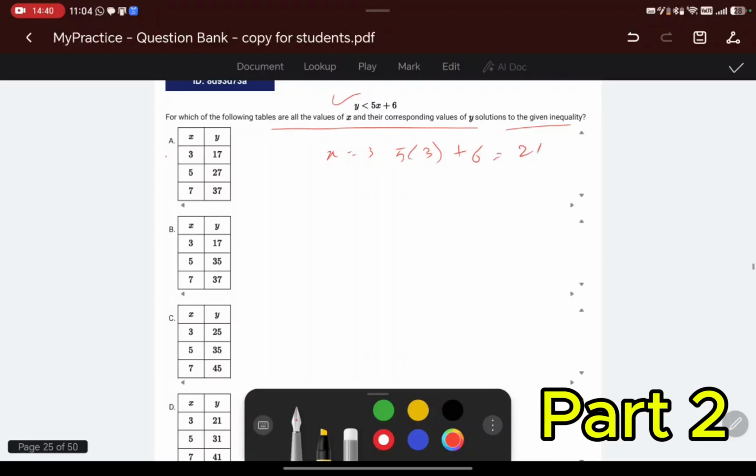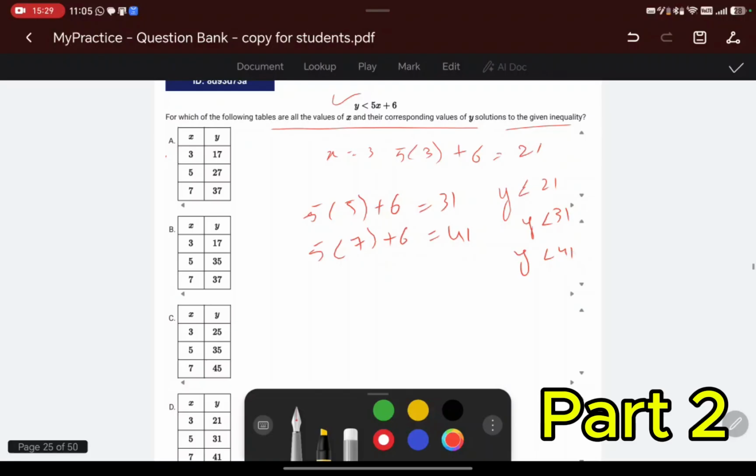So y is less than 21. Then I will put 5: 5 into 5 plus 6 equals 31. So y is less than 31. Now if I put 7, 5 into 7 plus 6 equals 41. So y is less than 41.